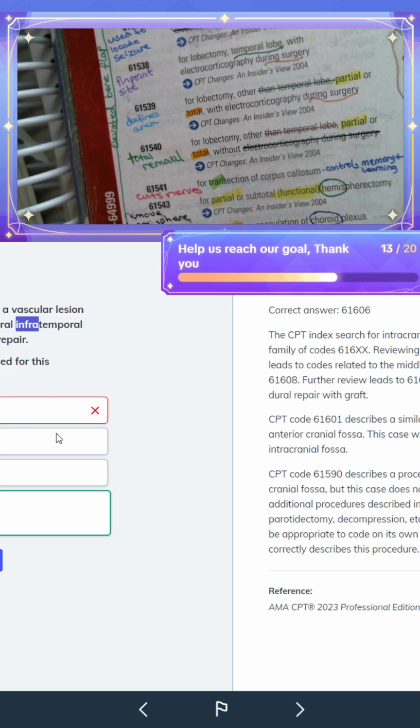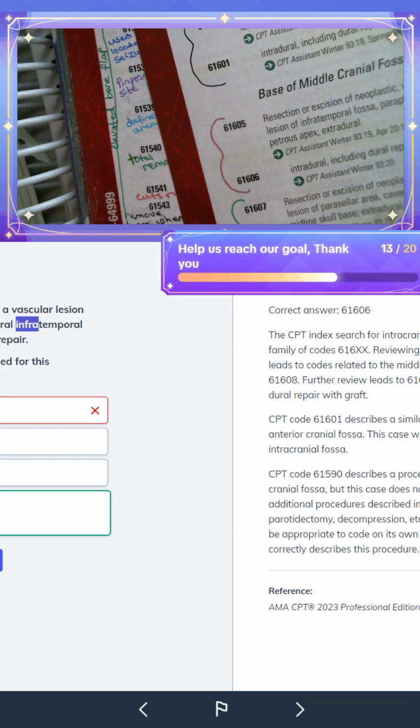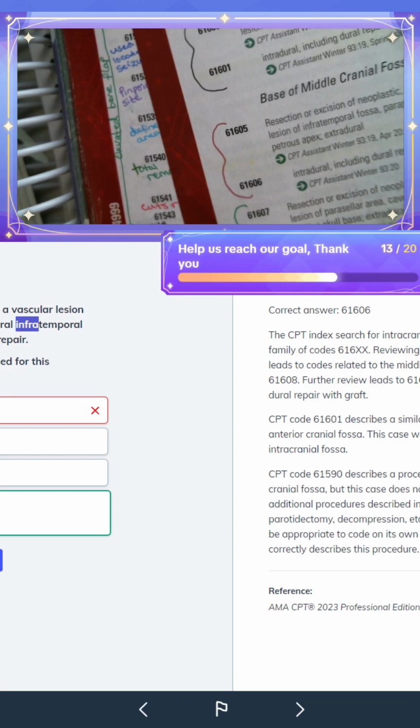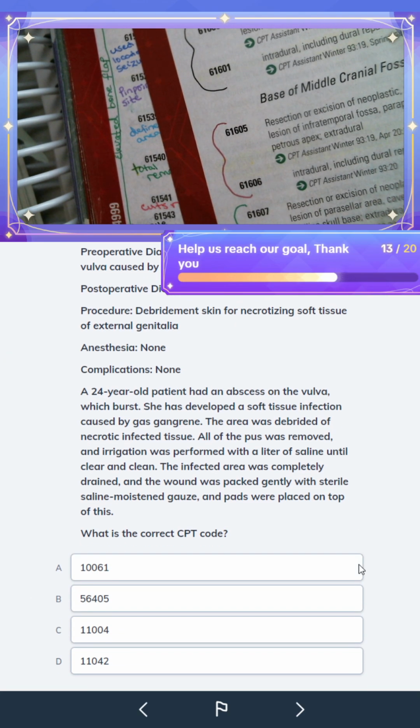There was no T in that 61590, so it could not have been B or C. The 61601 is extra and intra. The only one that was infra and intra was definitely the 61606. Yep.